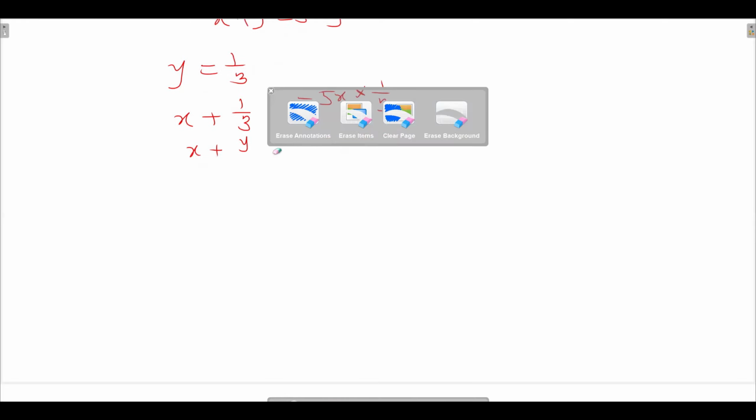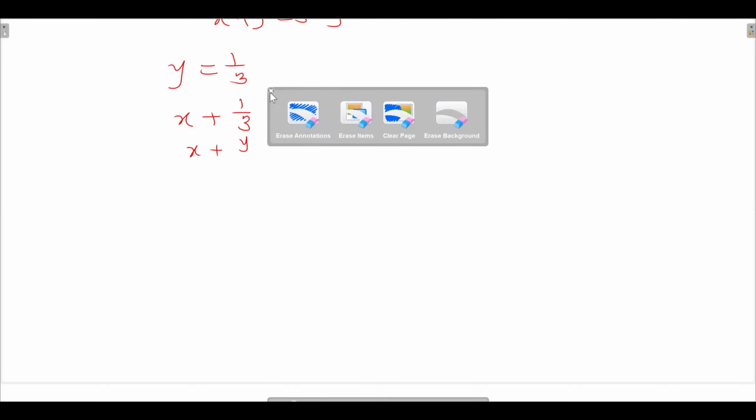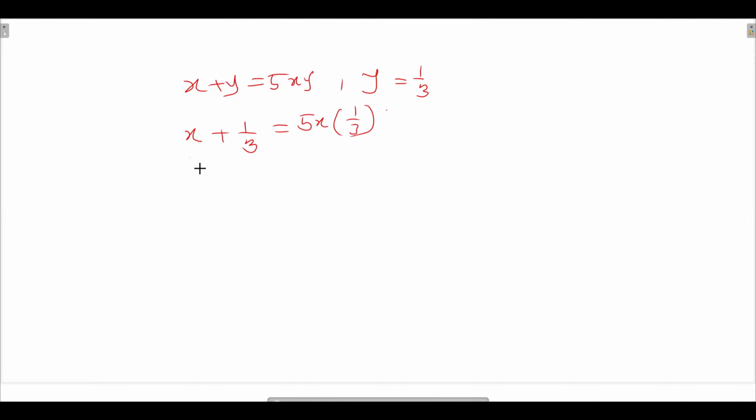So substituting, that will be x plus 1 over 3 equals 5x into bracket 1 over 3. So that will be x plus 1 over 3 equals 5x over 3.